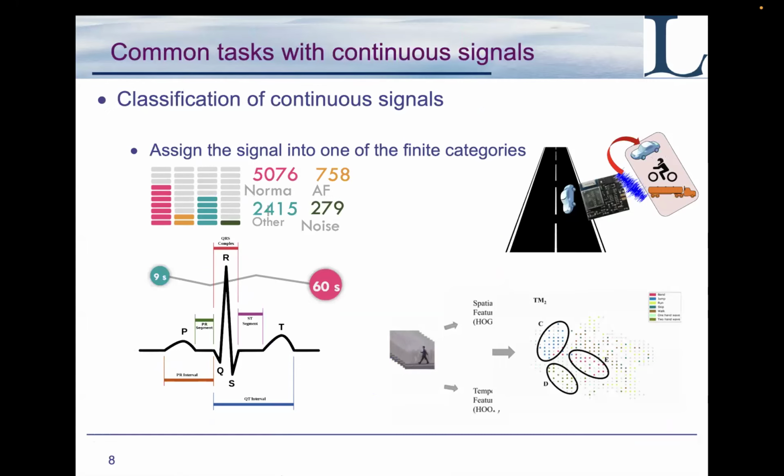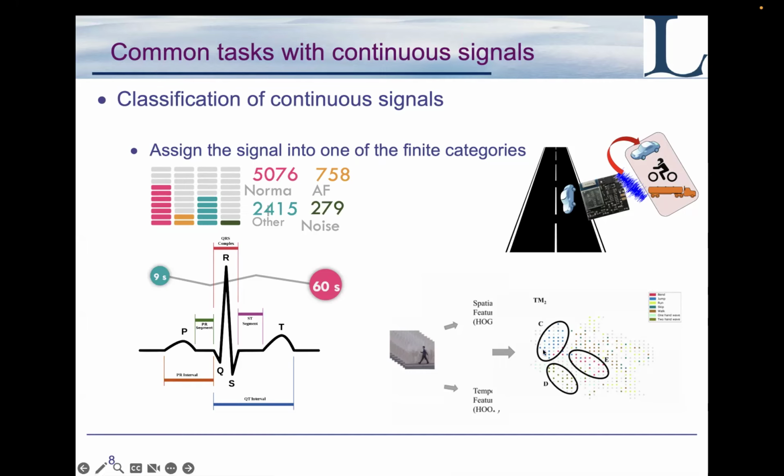Basically, these three use cases are in the context of intelligent road infrastructure. I will talk more about it. Then detection of arrhythmia, so processing of biomedical signals, basically heartbeat measurements, and detecting faults in the industrial context.